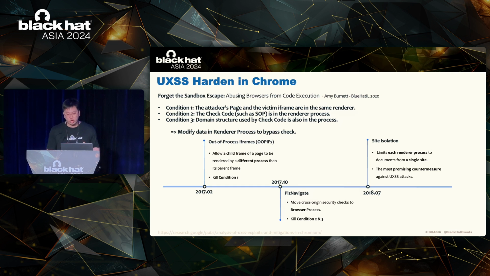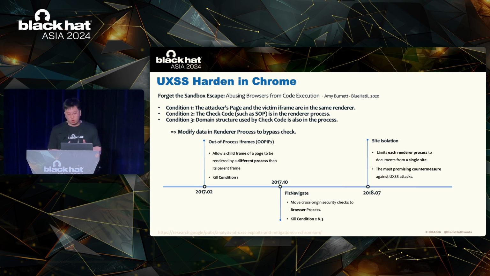It allows a child frame of a page to be rendered by a different process rather than its parent process, so it killed condition 1. Second, Chrome introduced PlzNavigate. It moves cross-origin security checks to the browser process, so it kills conditions 2 and 3.